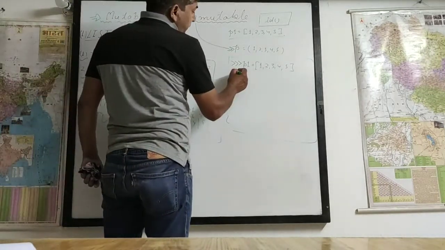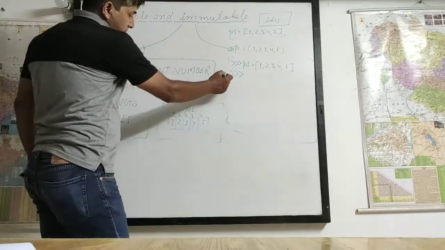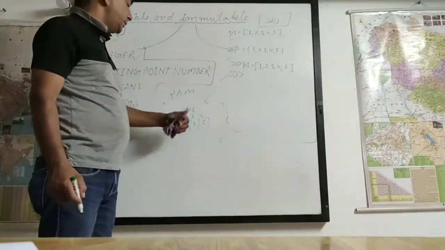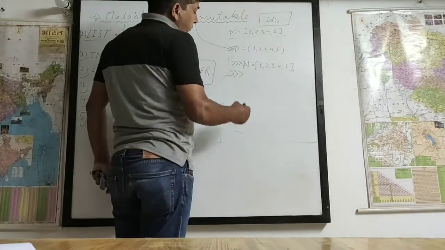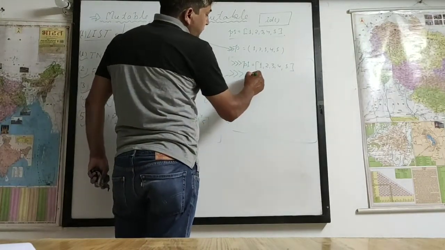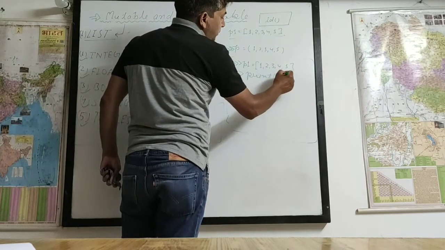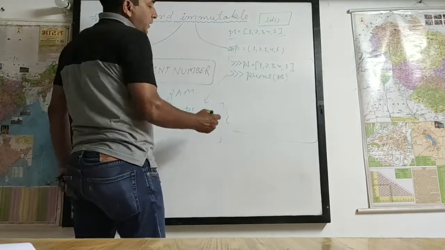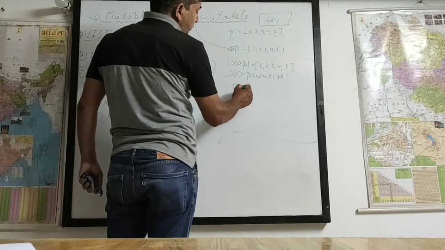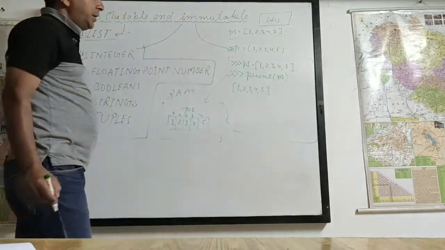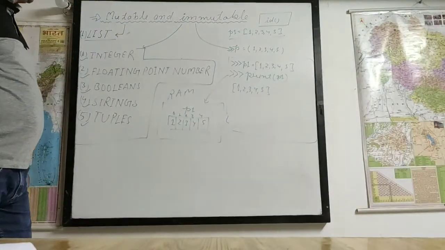This result is related to RAM. When you run the program and print p1, and press the enter key, the result is 1, 2, 3, 4, and 5, displayed on the monitor screen.